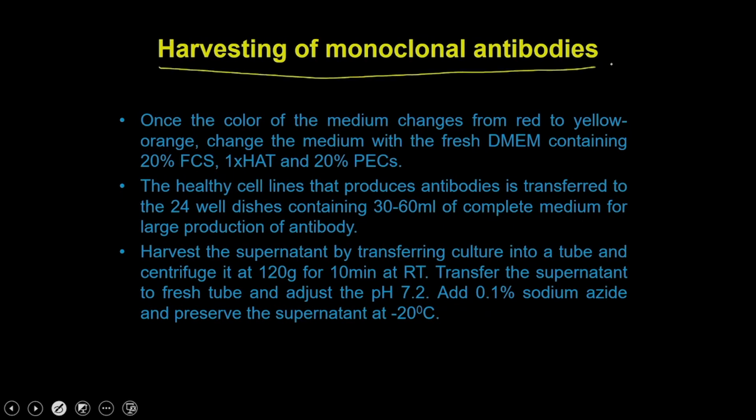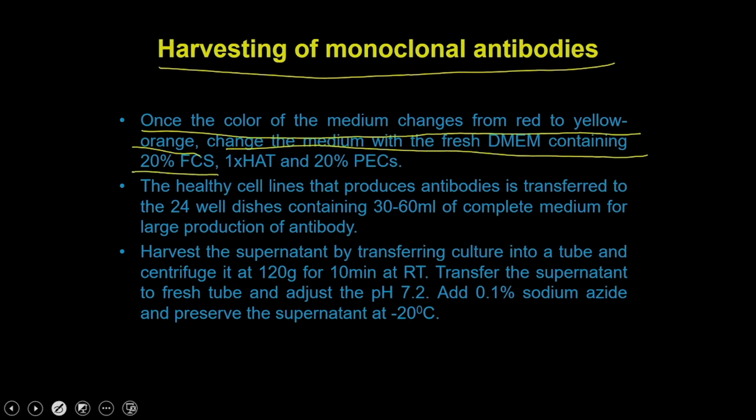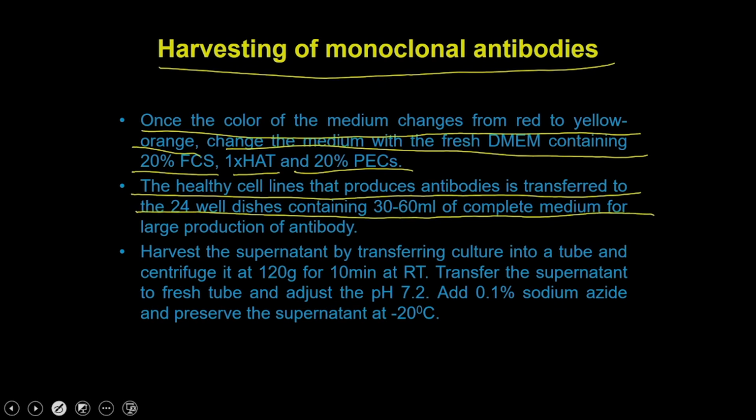Harvesting of monoclonal antibodies. Once the color of the media changes from red to yellow or orange, change the media with fresh DMEM containing 20% fetal calf serum, 1x HAT and 20% feeder cells. The healthy cell line that produces antibodies is transferred to a 24 well dish containing 30 to 60 ml of complete media for the large production of antibody.